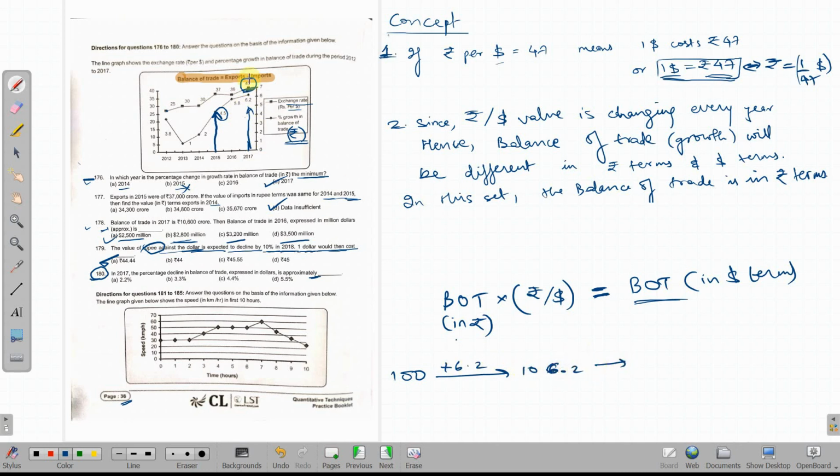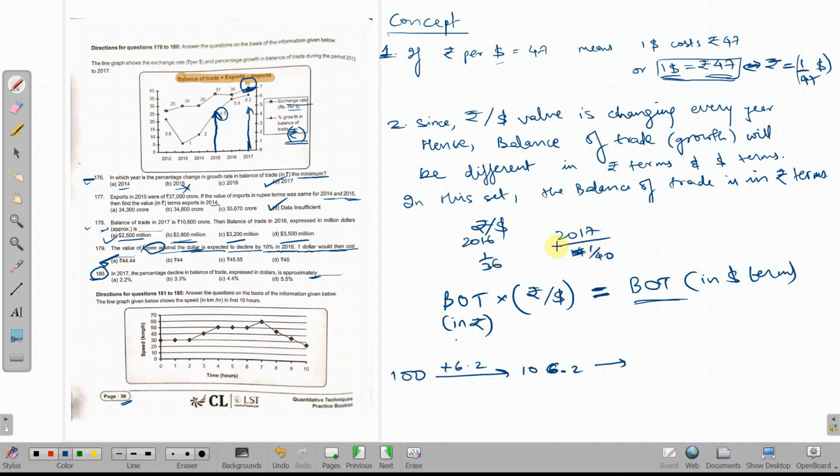Okay, now rupees per dollar 36 से 40, ठीक है. Rupees per dollar 2016 में कितना था? Rupees per dollar were 1 by 36, and now 2017 में it has become 1 by 40.